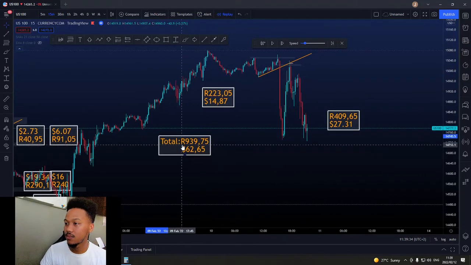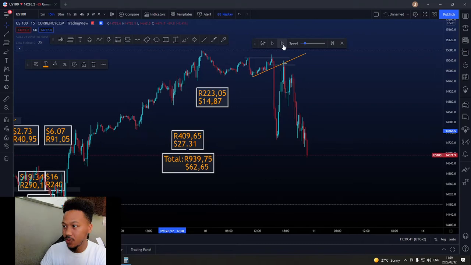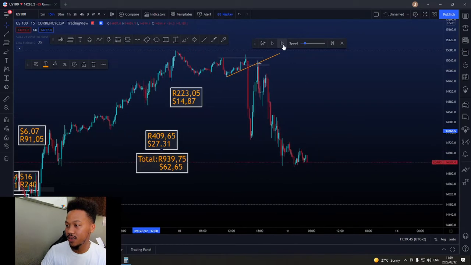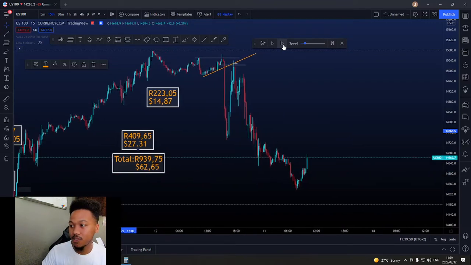Literally. Can you see? Money management, literally. And Nasdaq is flooded towards the downside. Can you see the importance of money management?